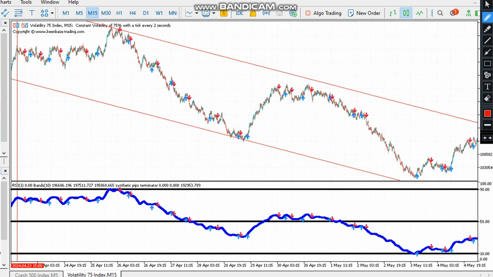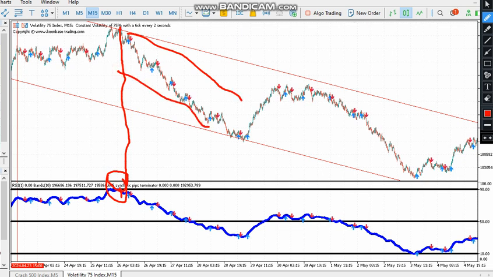At this point, when this is touching the 90 level and this arrow pops up, I would wait for this arrow to pop up at the same time. So when this arrow pops up, you go in.